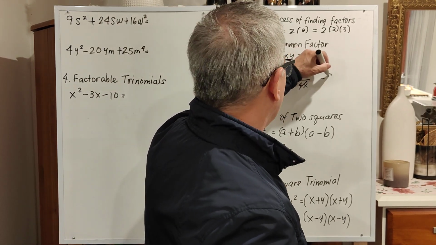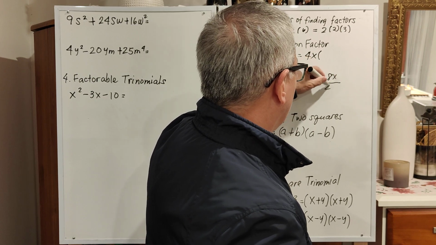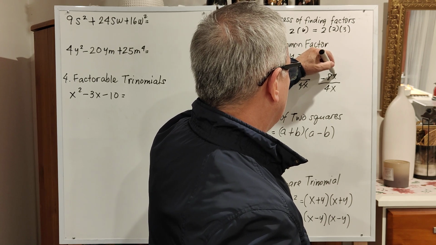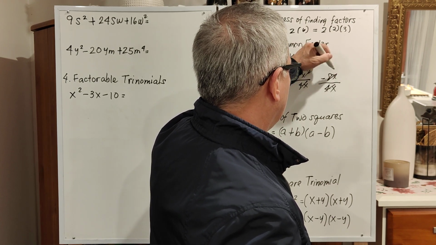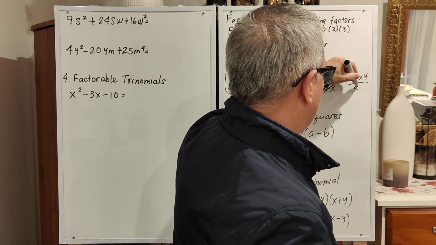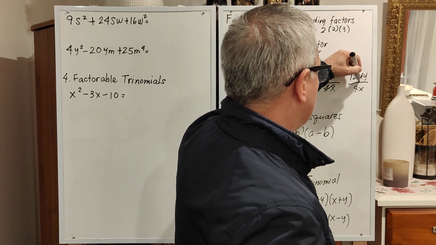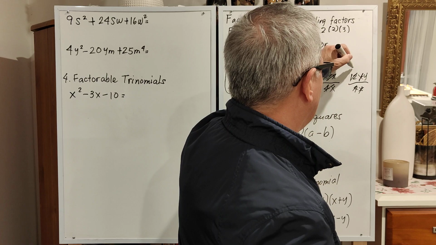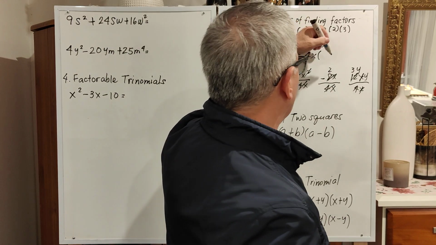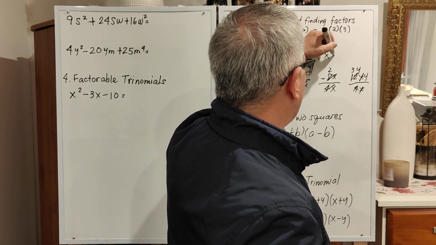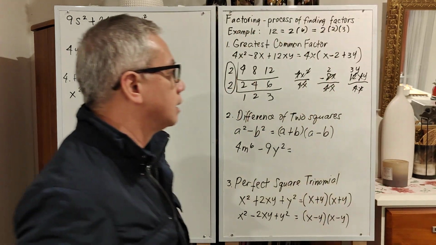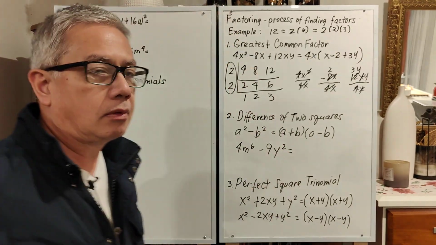Negative 8x divided by 4x becomes negative 2. Now 12xy divided by 4x becomes 3y. So the factor that we put in here will be x minus 2 plus 3y. So these are the factors of this one.